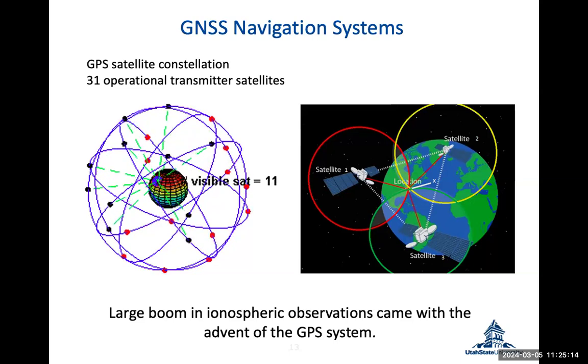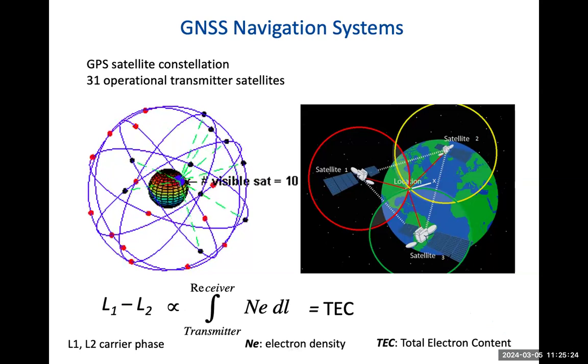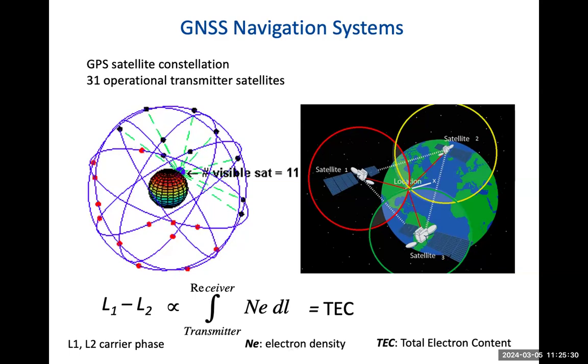What we can get from this information is, if we look at the two carrier phases transmitted by the GPS satellites, L1 and L2, and we difference them, we find that that difference is proportional to the total electron content between the receiver and the satellite.